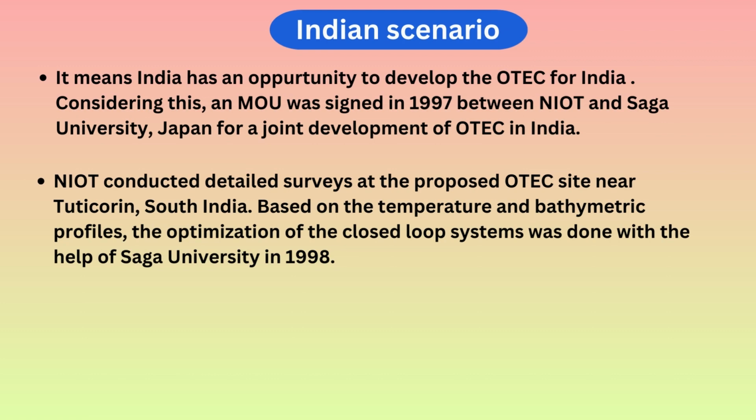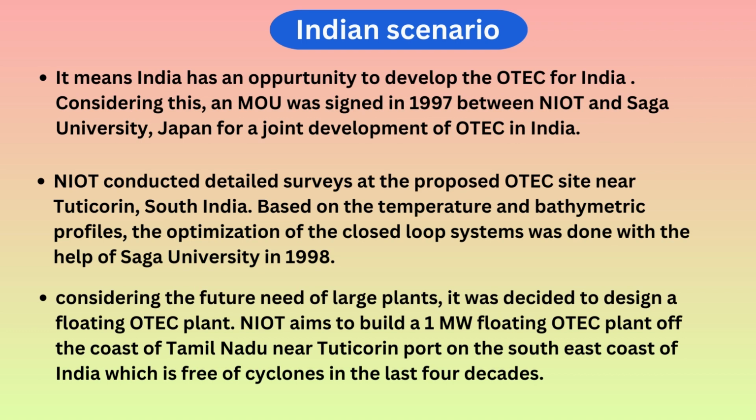Based on the temperature and bathymetric profiles, the optimization of the closed loop system was done with the help of Saga University in 1998. Considering the future need of large plants, it was decided to design a floating ocean thermal energy conversion plant.